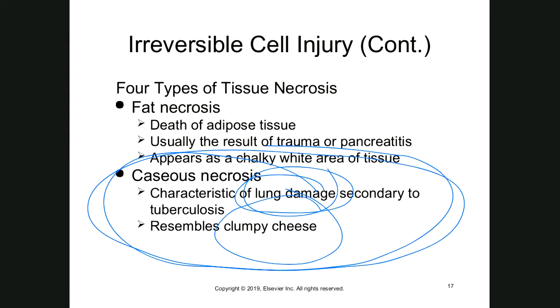Meaning, at least that one can be ruled out very quickly. Many people have problems with the fat, liquefactive, and coagulative, but this one in particular, you need to know immediately. No, that is caseous necrosis. Need to be because it looks like a cheese. I will show you that one soon.